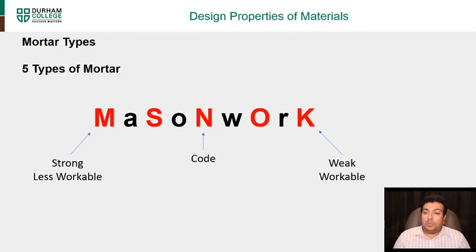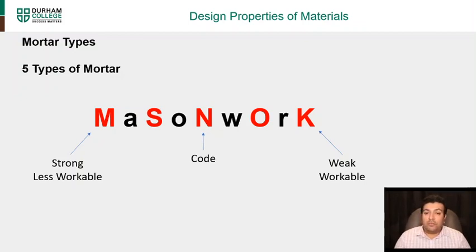There's type M, type S, type N, type O, type K. Type M is the strongest and the least workable. Type K is very weak and very workable, but the ones that we use the most are S and N. We have to stay somewhere in the middle, and we can't have something too strong or too weak, so we usually use S and N, which is typical for our construction.